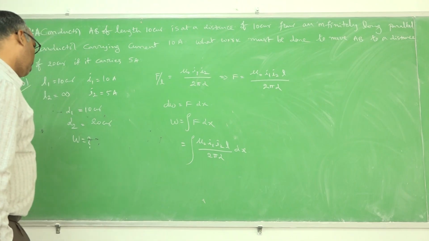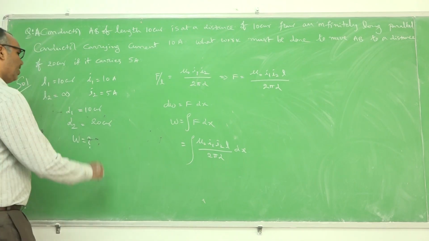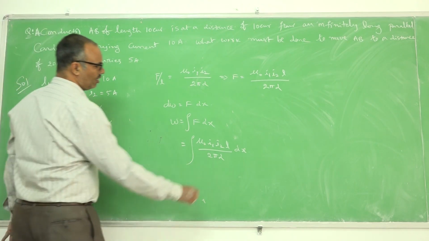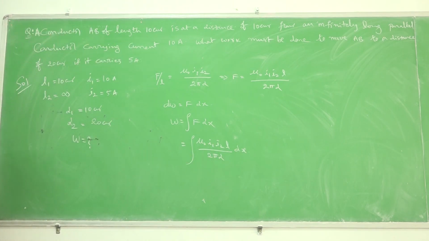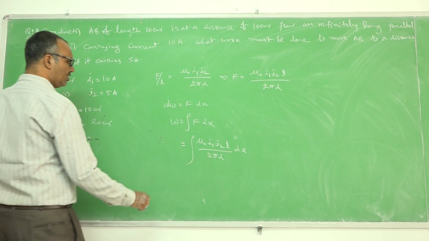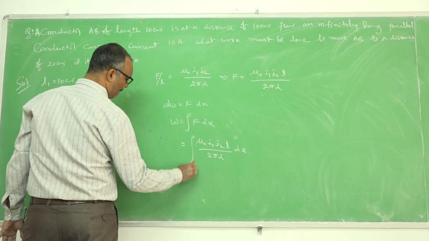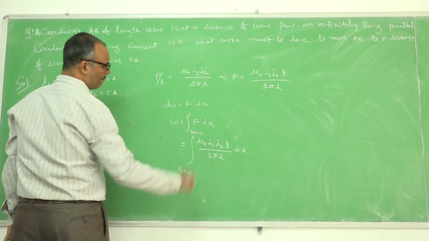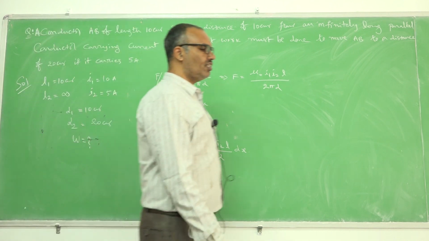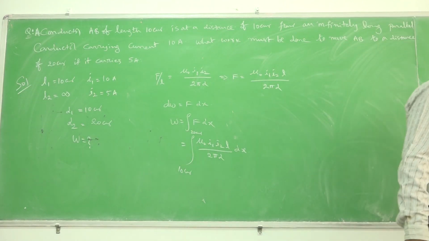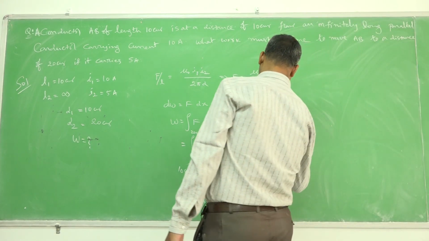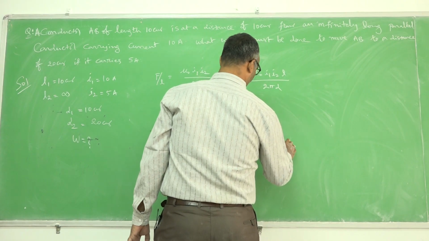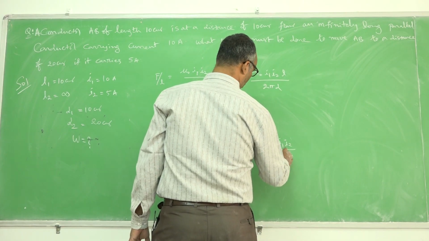Here x is the distance. Distance varies from 10 centimeters to 20 centimeters. Constants you can keep out: mu naught I1 I2 by 2 pi.